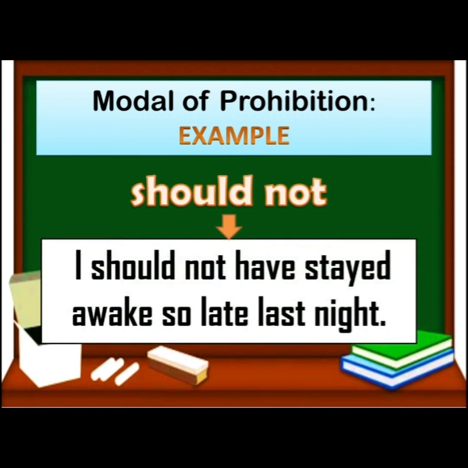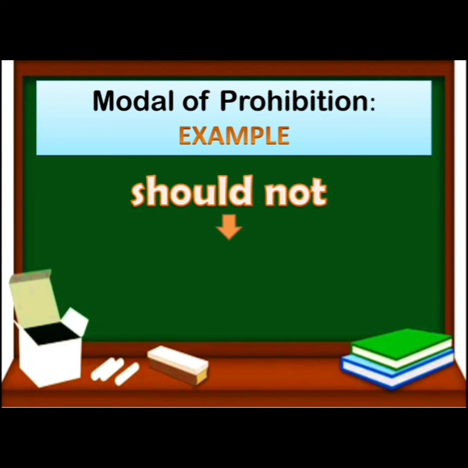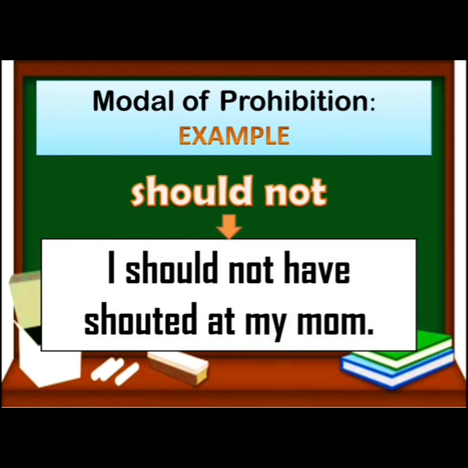Let's now have our example using should not in a sentence. I should not have stayed awake so late last night. Another example, I should not have shouted at my mom. Well, who won't feel bad if that happens, right? Shouting at your moms?